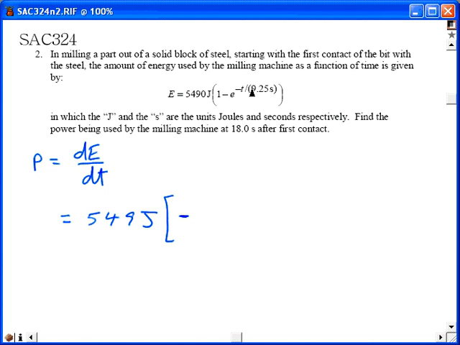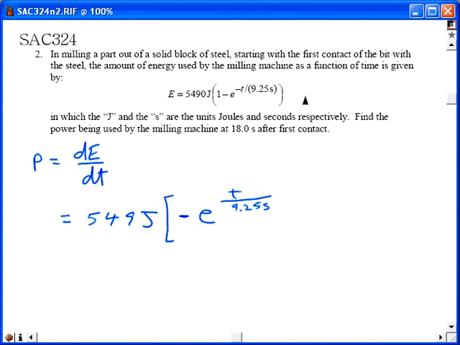Then the derivative of the exponential function is just the exponential function itself. We're using the chain rule for the function of a function. We've taken the derivative of the exponential with respect to its argument.